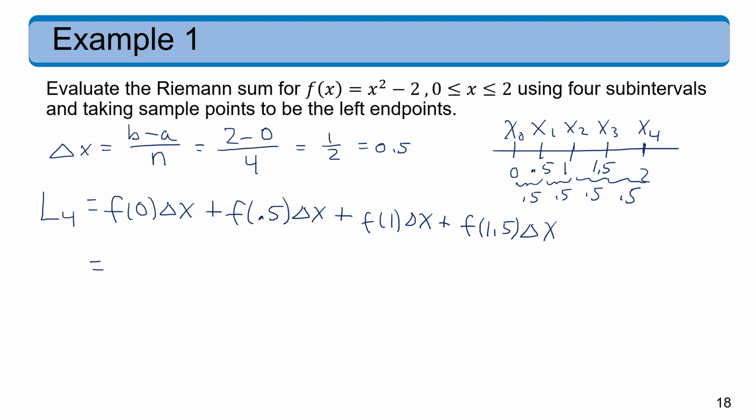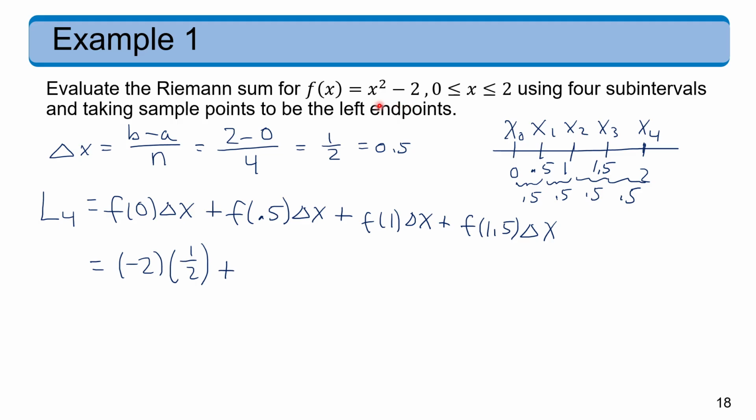Now let's do some calculations. So f of 0, look at the formula for f up at the top. So it will be 0 minus 2, so that's minus 2. The delta x we just found is 1/2. I'll go back to fraction form. Plus, now f of 0.5 will be 0.5 squared minus 2.